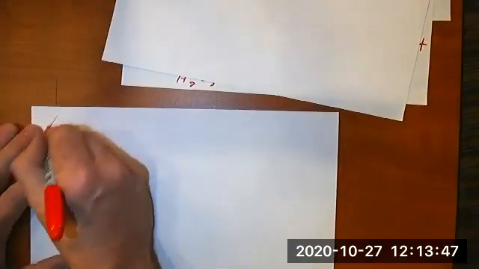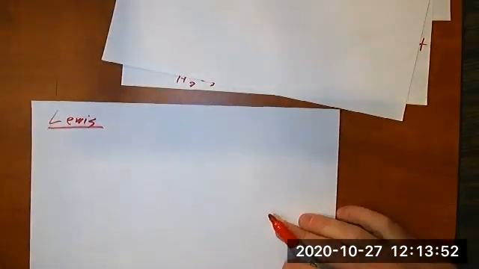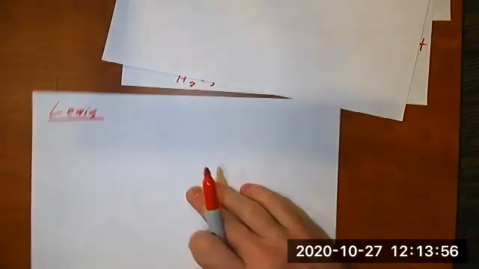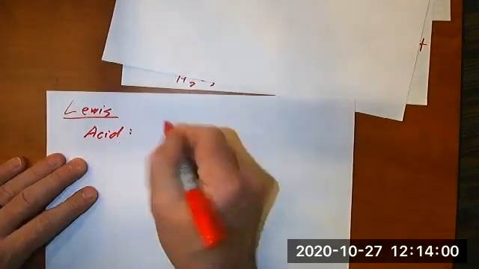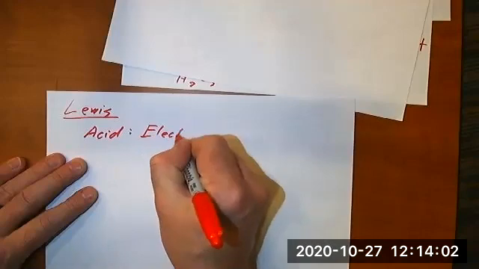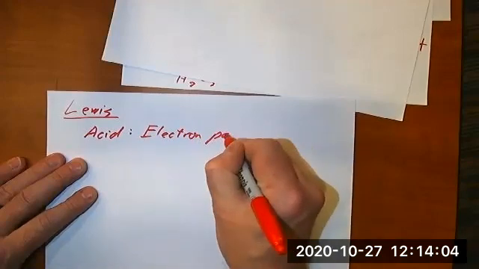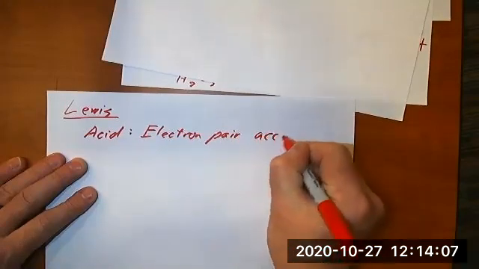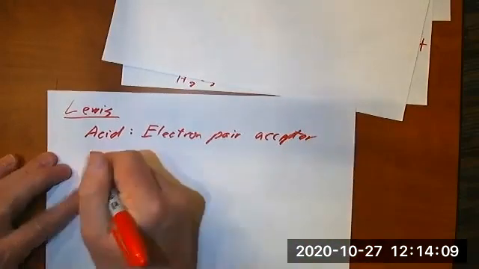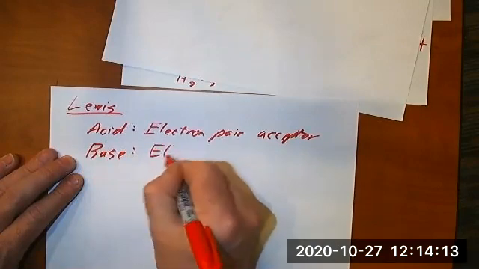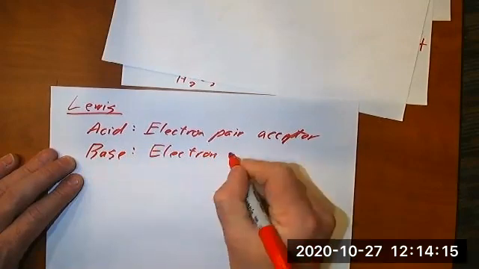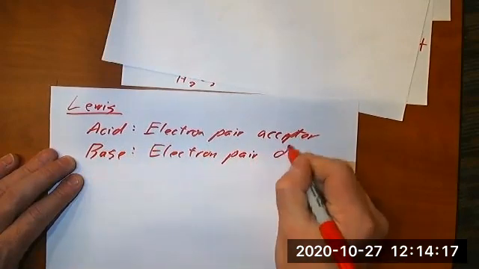This is the Lewis definitions, and this is the same Lewis that is the namesake of the Lewis dot structures. This one says that an acid is an electron pair acceptor, and a base is an electron pair donor.